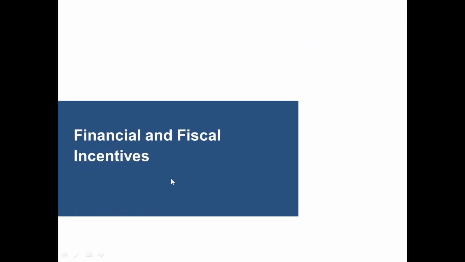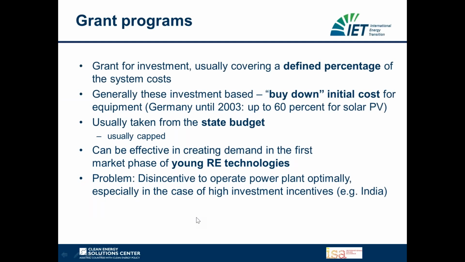Now, just a quick overview on the financial and fiscal incentives that exist for solar PV and renewable energies. One very basic design is grant programs, so that you give out money for purchasing solar PV systems.